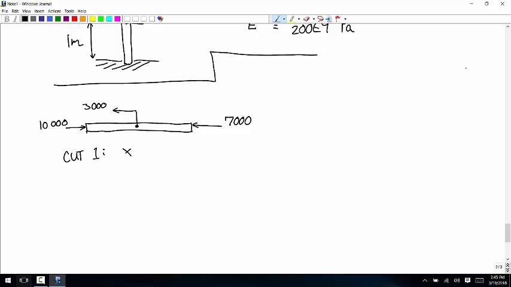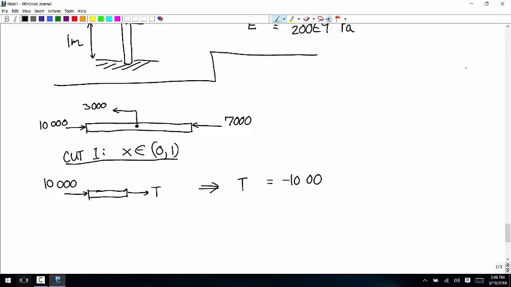So first, for x values between 0 and 1, we have 10,000 here and T here. Those have to add up to 0, so T is equal to negative 10,000. Makes sense that to counteract this, you have to be in compression.